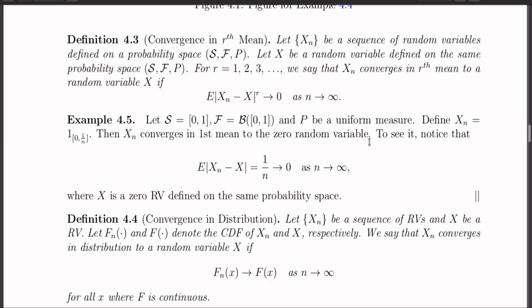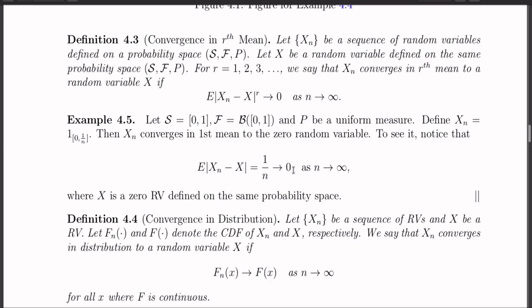It can be checked very easily, because this quantity is the expectation of mod of Xn minus X. Now X is 0, so that means the expectation of mod of Xn, and Xn is 1 on the interval 0 to 1 by n, 0 otherwise. So this expectation is nothing but 1 times the probability of the interval 0 to 1 by n, which is 1 by n. So this expectation turns out to be 1 by n, and that quantity goes to 0.